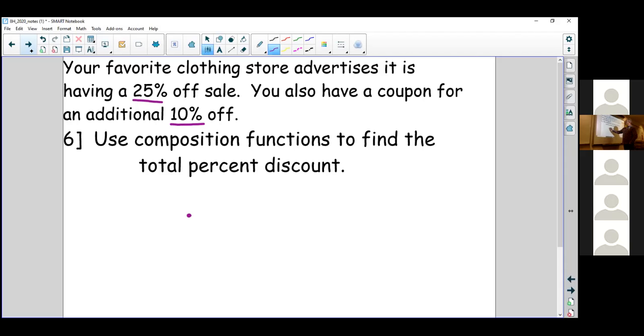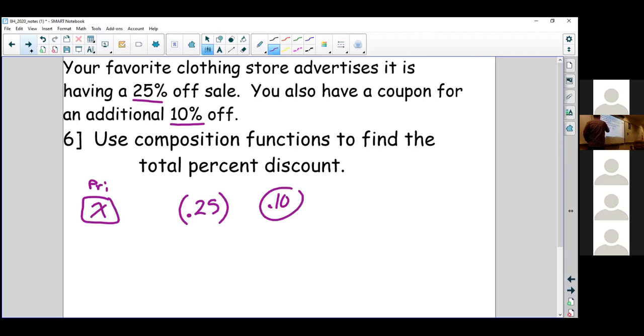So it becomes 0.25 because that's 25%. And then we have 10%, which is 0.10. So let's think about the 25% off. Let's say our price is x. That means I have 0.25x as the first one. But let's say that discount wasn't taking place.